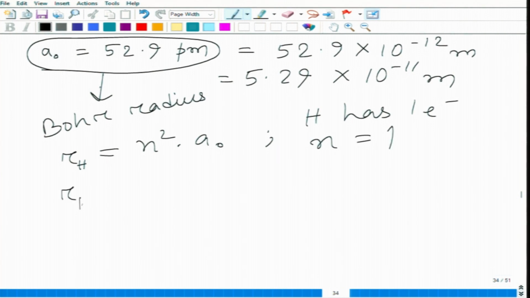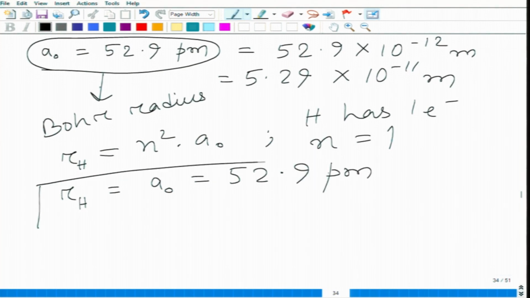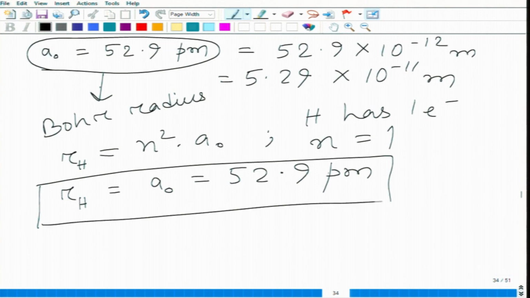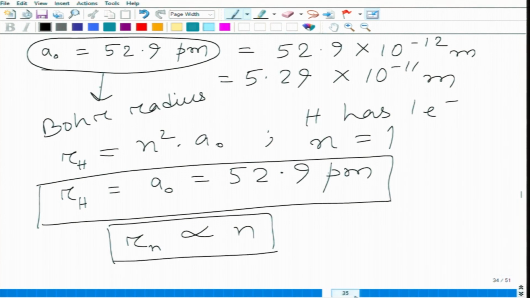Therefore RH will be equal to a naught, which is equal to 52.9 picometer. So this was known as the Bohr's radius. As the number of orbits increases, that is the principal quantum number increases, the radius will also increase. So Rn is directly proportional to n.